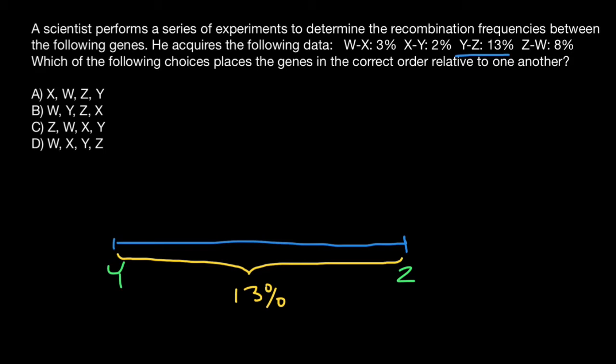Now let's find the second greatest distance, and this is going to be ZW with 8% recombination frequency. So we have Z here.